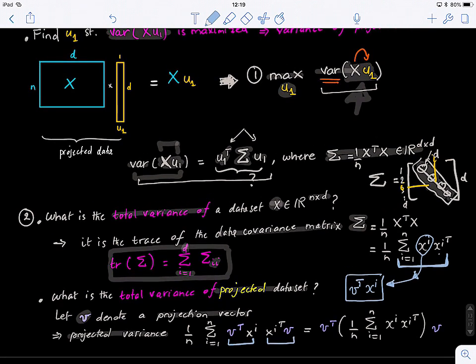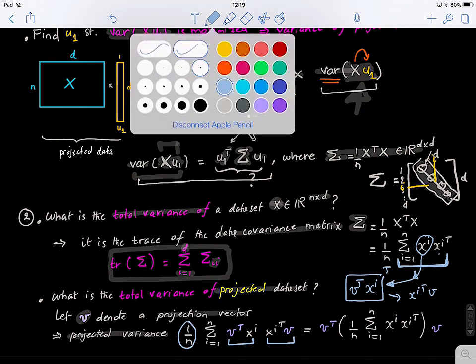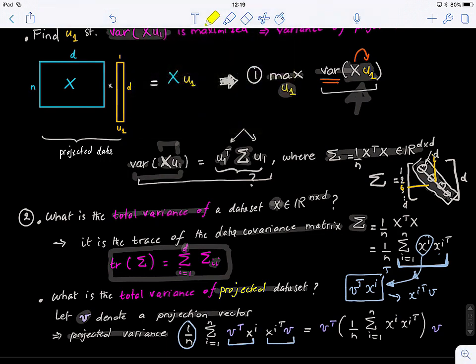Because it's a transpose, you guys know if I transpose this, I'm going to get xi transpose v. This is just linear algebra. And then dividing this by the number of samples. If I group everything together, because v is a constant, I'm not looping over v, so I can just put it outside the sum over all samples i.